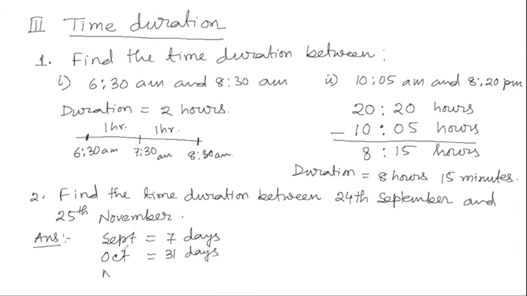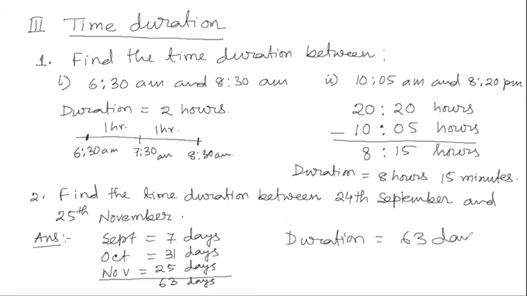Then November: 25 days. Just add them and you get the total number of days: 7 plus 31 plus 25 is 63 days. So the total duration between these two dates is 63 days. This is the answer.